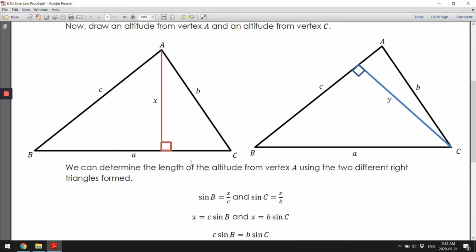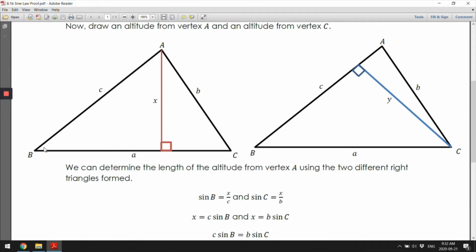If you use the right triangle on the left, you'll see that sine B is equal to x over c, because opposite over hypotenuse. If you use the right triangle on the right side, you will get sine of C is equal to x over b. Once again, opposite over hypotenuse, because this is the sine ratio.